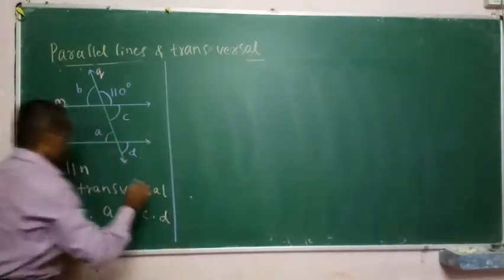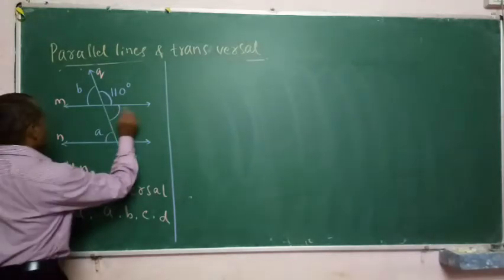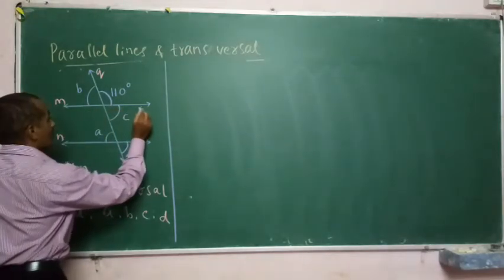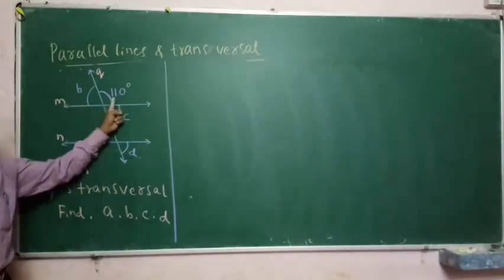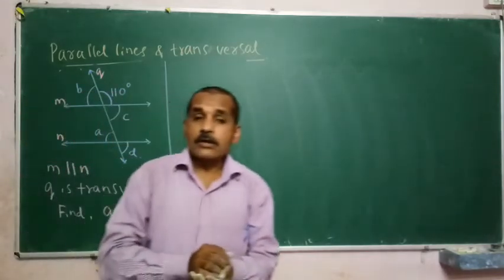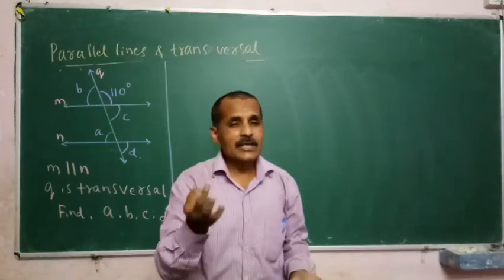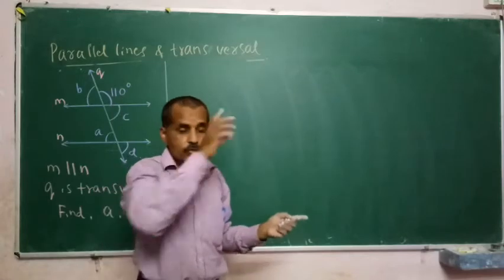I can give them names if you want. This is 110. This is 110. See, now you know so many angles. If I start from earlier, you know linear pair, you know vertically opposite angles, and today I have taught 4 angles.